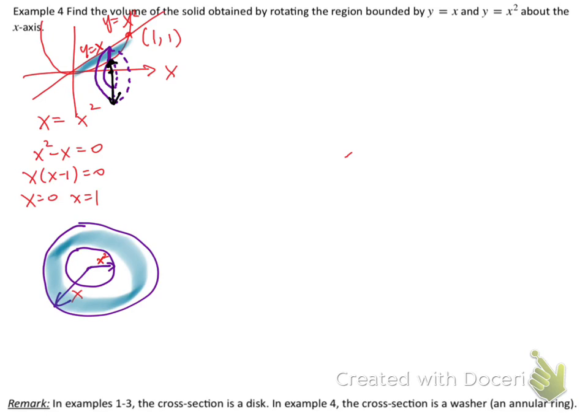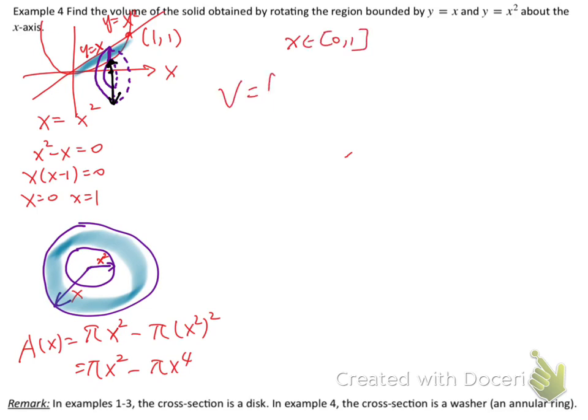The area of the ring is the area of the big circle minus the area of the little circle. So pi x squared minus pi x to the 4th power. That's A of x. And our x goes from 0 to 1.